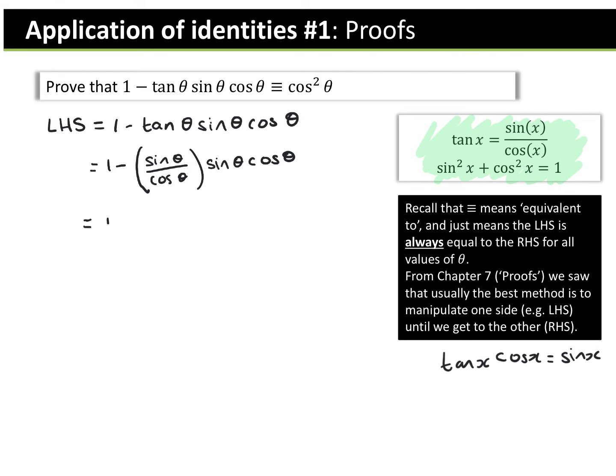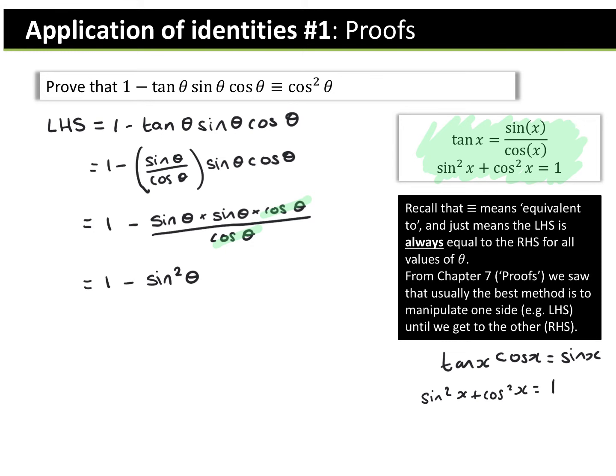So, this equals 1 minus sine theta times sine theta times cos theta over cos theta, doesn't it? Immediately, we have a factor of cos theta on the numerator and the denominator. They can cancel out. And this equals 1 minus sine squared theta, because sine theta times sine theta is sine squared theta, yeah? 5 times 5 is 5 squared. Now, as I said, we could manipulate. We know that sine squared x plus cos squared x equals 1.